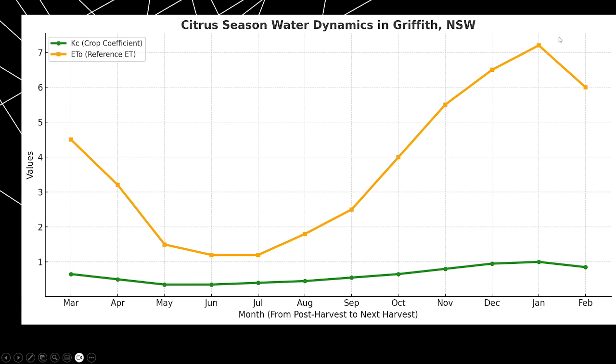In January, we have the hottest days, so we have the highest evapotranspiration, the most water loss, consumption and vaporizing. Whereas in July, and June, the beginning of the winter in the southern hemisphere, we have the minimum. And so is the crop factor as well.